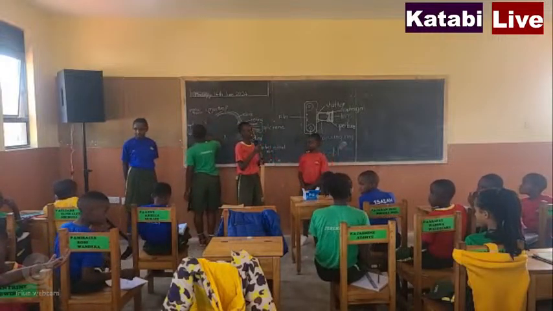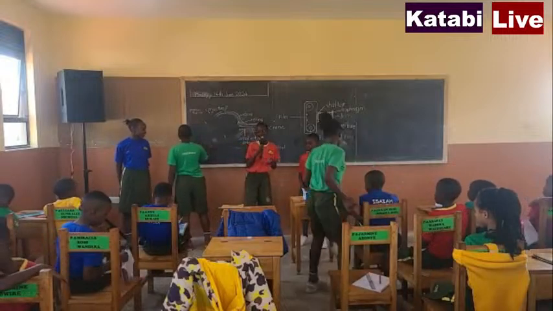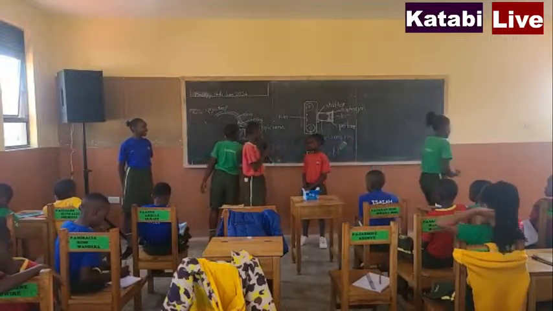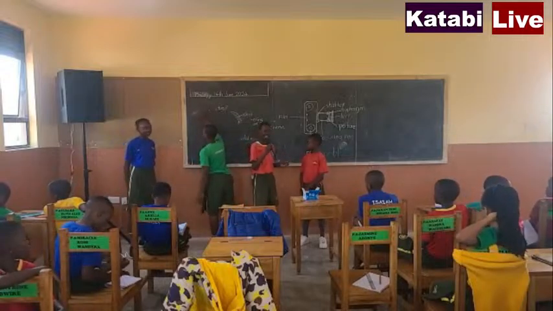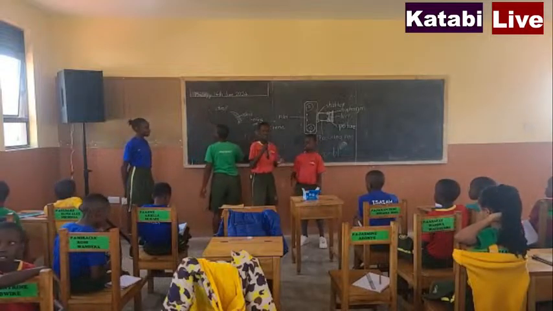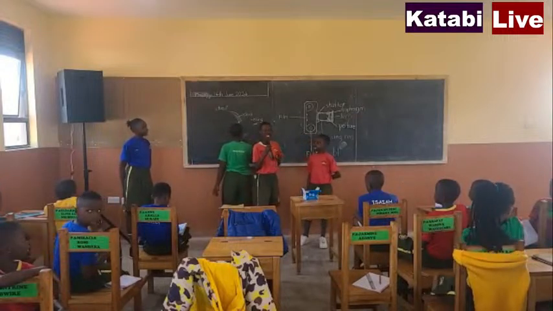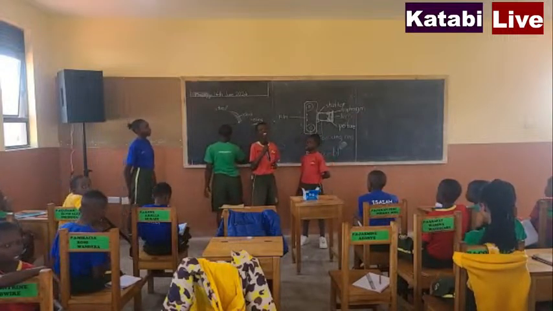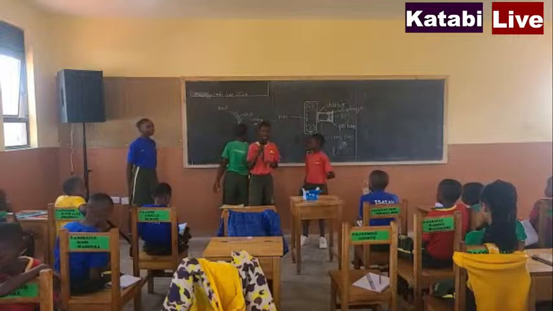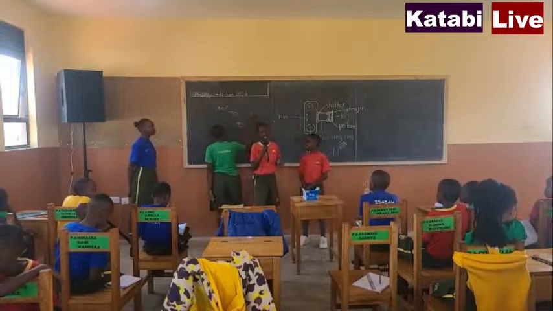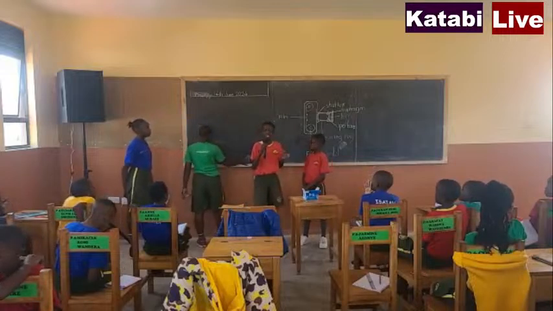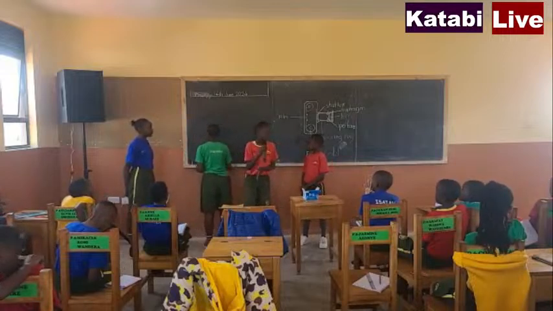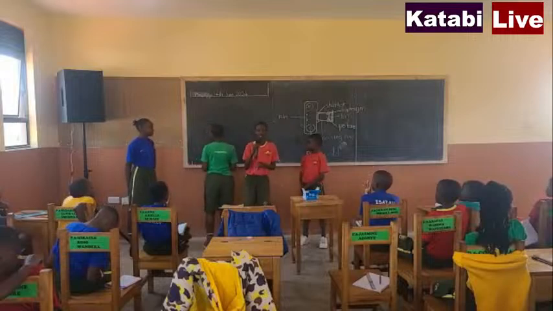So the tear gland produces tears, and these tears have two components in them: sodium hydrogen carbonate and sodium chloride. Those two components help to kill some bacteria.